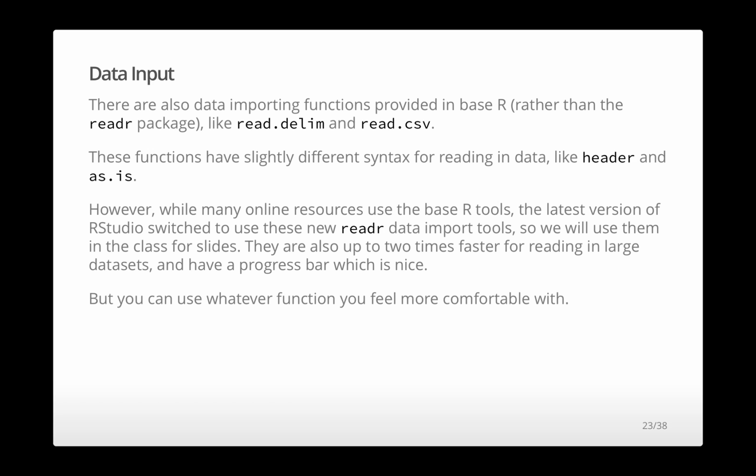Also, it gives you a slightly different format out. The read underscore csv versions give you a tibble, which has an interesting format and shows you the column types and all that kind of stuff. These give you a data frame, which I said is very powerful and has been used for a long time, but it doesn't have some of these additional features.